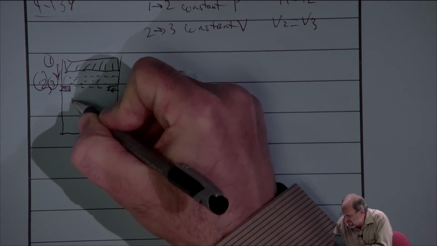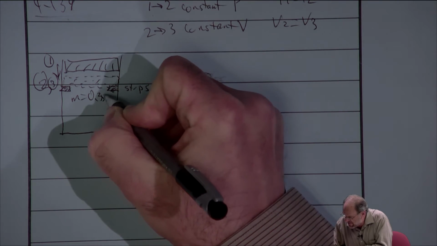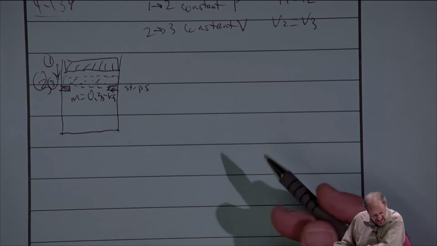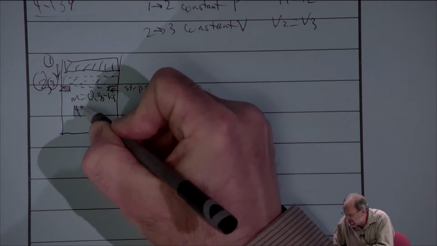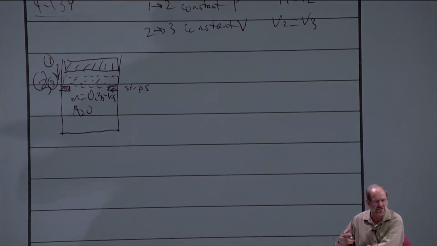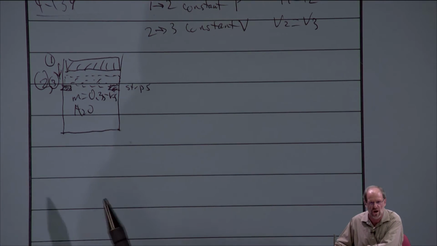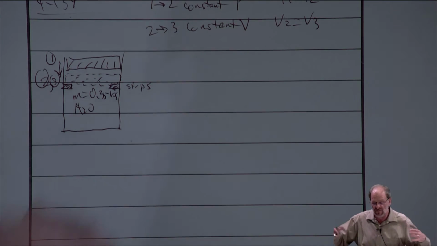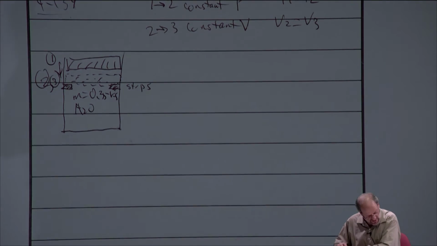So we know the mass is 0.35 kilograms. We know that it's steam, in other words, H2O. By the way, when I write my own problems, I just use H2O. I don't even use the word water because I don't want to confuse anybody. So I'll just say H2O and then let you figure out what the phase is. All right, so it's H2O.